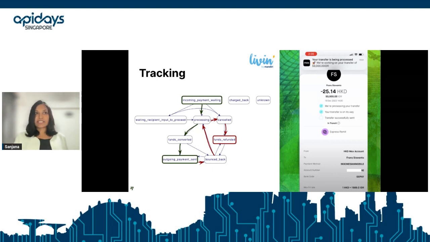Once the money has reached us, it moves into processing. At processing, we do a lot of checks: fraud check, AML check, sanctions check, etc. Everything is automated, and it just takes a few seconds to complete. Then we move into sending the money out to the recipient. And this is a happy flow.